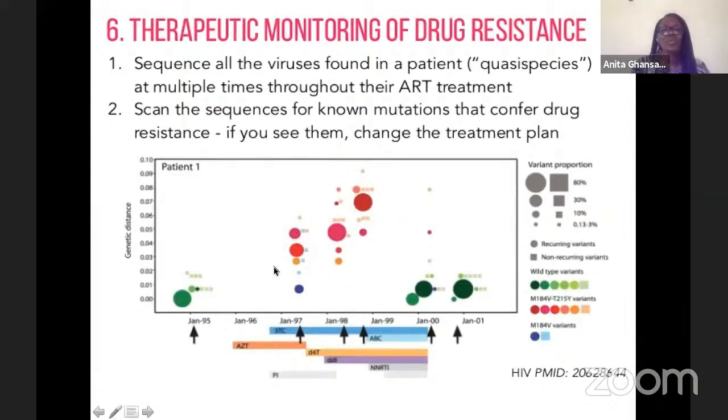So moving from green to a resistant red, and then changing the drug so that the new variants are now sensitive to the current drug.